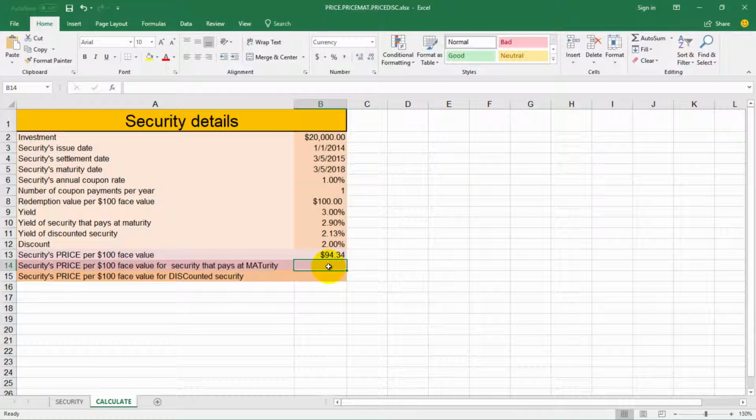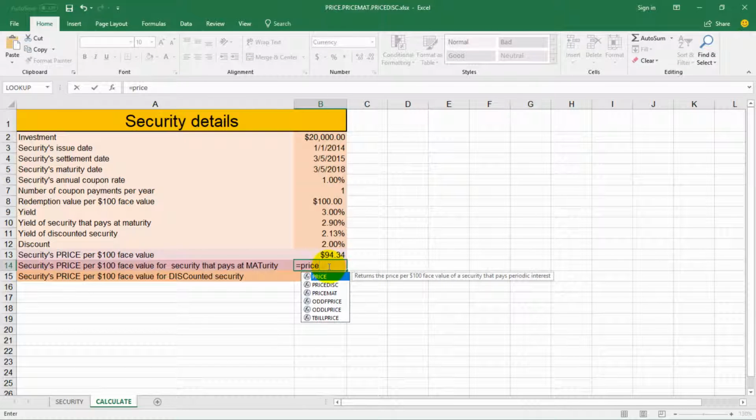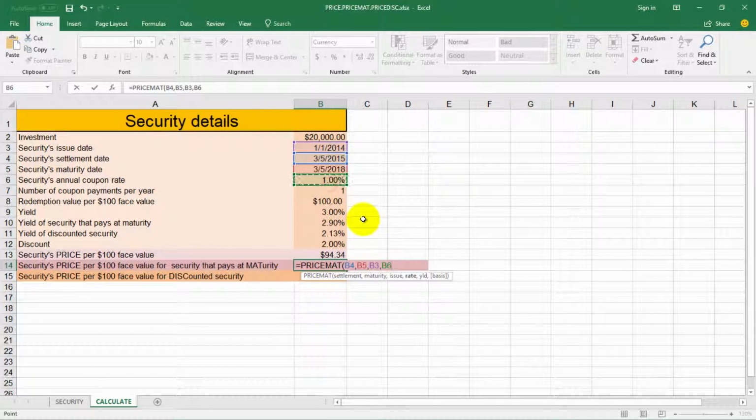We type in cell B14 the function PRICEMAT, followed by the settlement date, then by the maturity date, issue stands for the issue date, the rate is the security's annual coupon rate as before, the yield of a security that pays at maturity is now in cell B10, and we omit the last optional attribute and click on Enter.